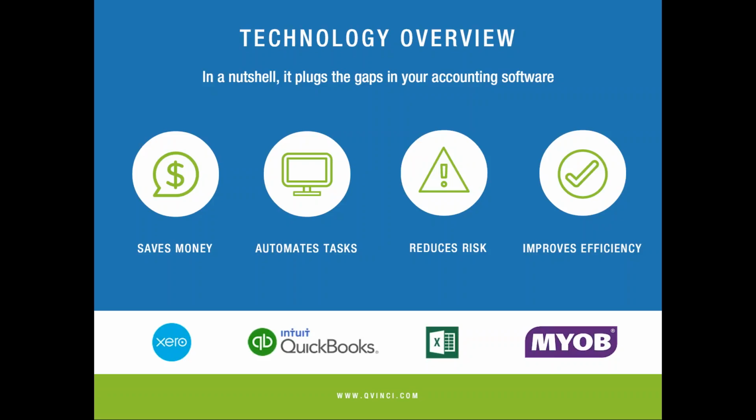So in a nutshell, Qvinci was designed to plug gaps in your accounting software. And generally what we do is we automate what used to be a manual, error-prone, time-consuming and resource-intensive process. And that is the consolidation of financial information from multiple locations, and then being able to give you data that is ripe for analysis and ready for you to move forward.